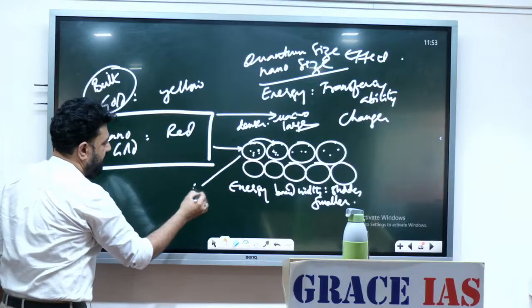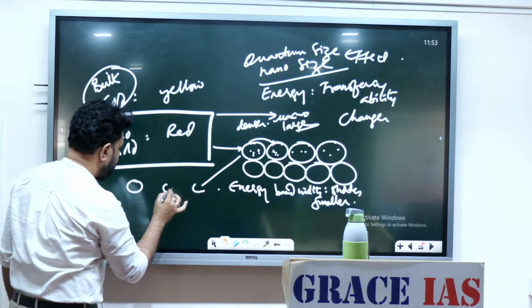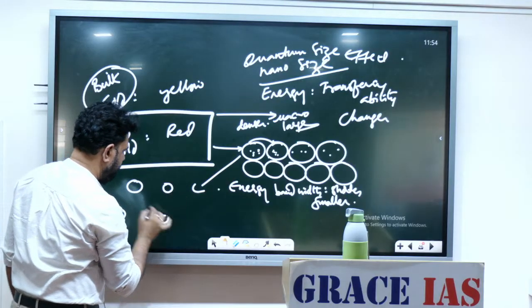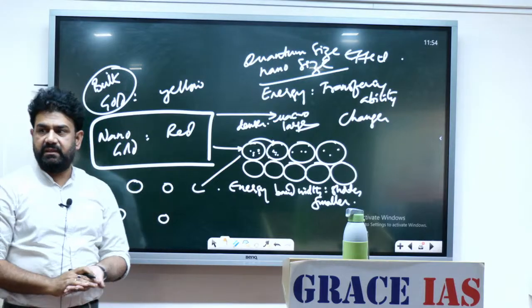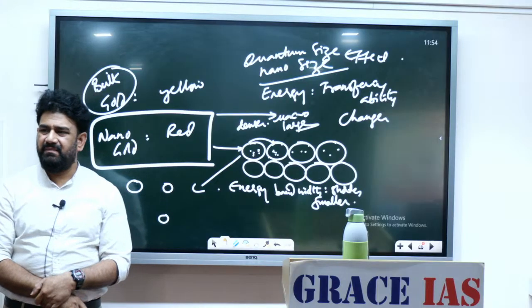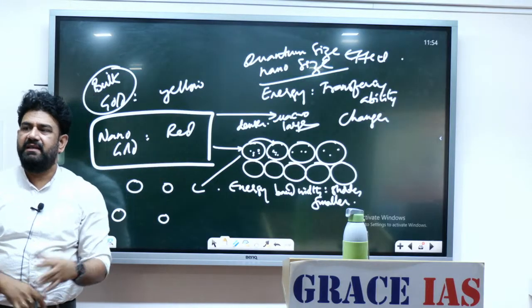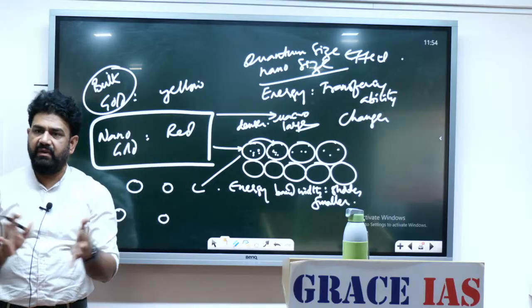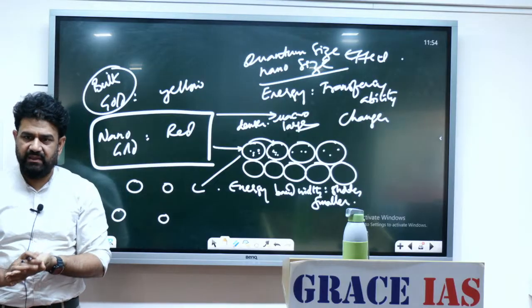Okay. Convert this into nano. You understand this? Now it becomes less dense. Atoms move away. Higher surface area. Yes, thin. You know that. Small.